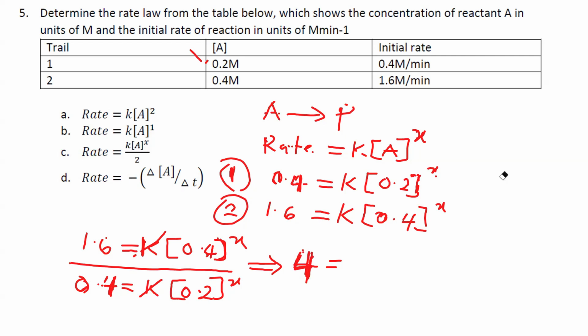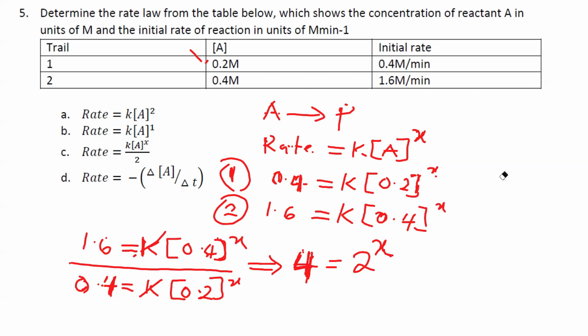And when you take 0.4 divided by 0.2, it gives us 2. Remember, according to the rule of indices, you can just take the power x. So now we have 4 equals 2 to the power x.